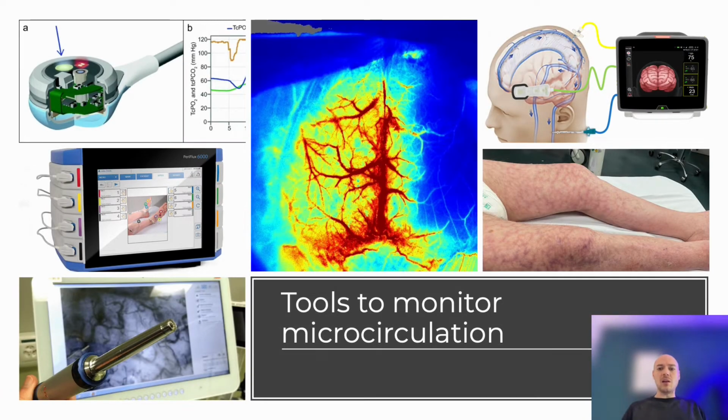So there are a lot of clinical parameters and devices to appreciate microcirculatory alteration at the bedside. However, if you want to accurately evaluate the nature and the type of microcirculatory derangement, only handheld intravital microscopy can provide a comprehensive picture of the situation.